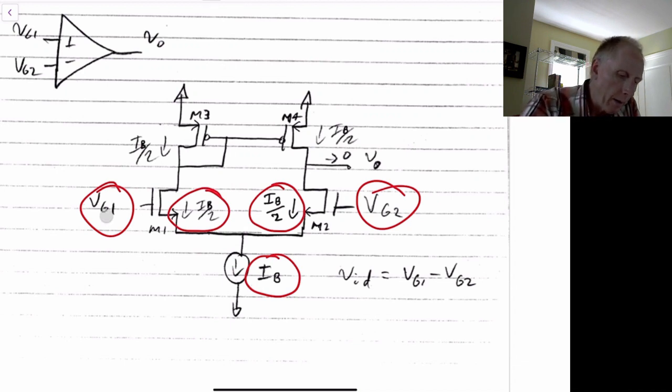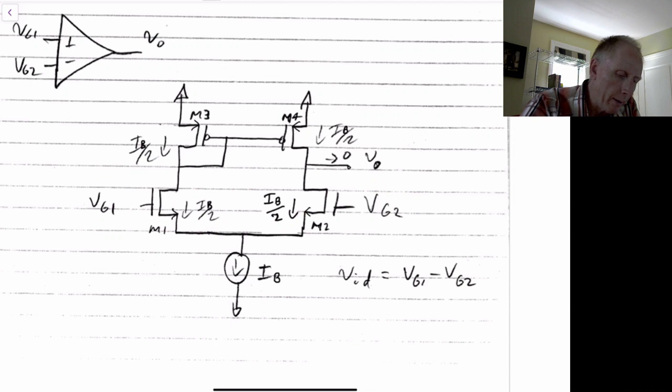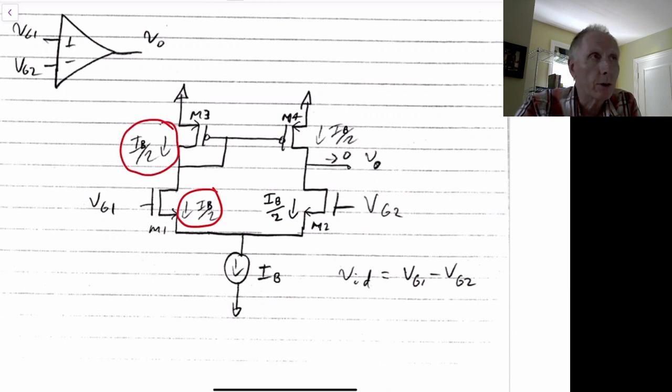This IB over 2 in M1 will go through M3 as well, assuming that M3 and M4 are matched, which they should be. They're designed to be matched. Then the current through M4 will also equal IB over 2. Since the current through M2 is also IB divided by 2, we'll have zero current nominally going in or out at the output voltage.